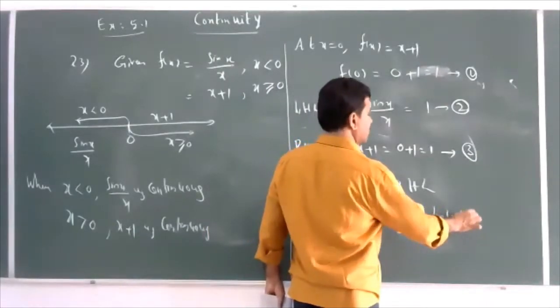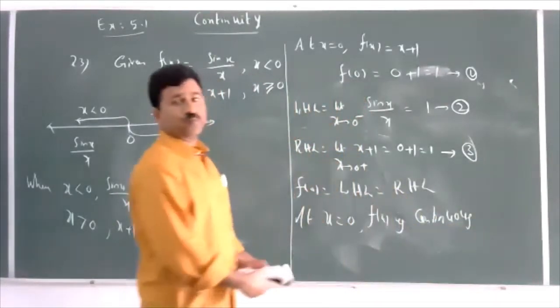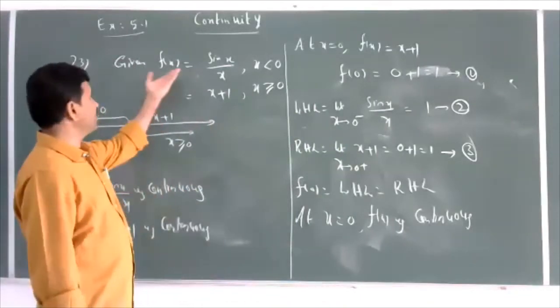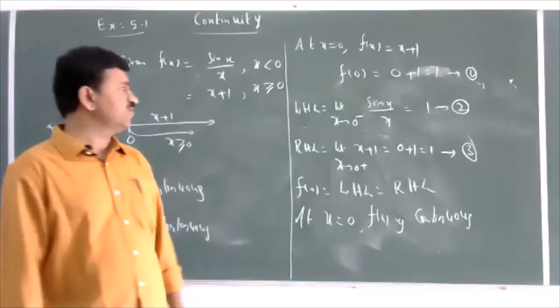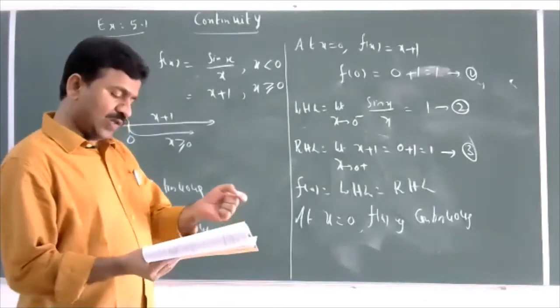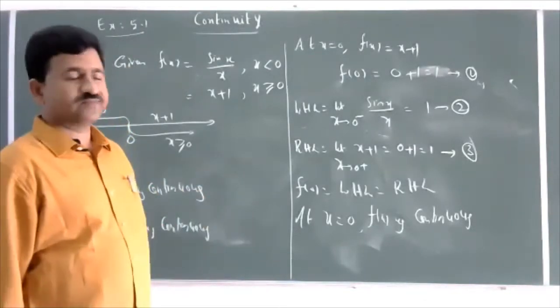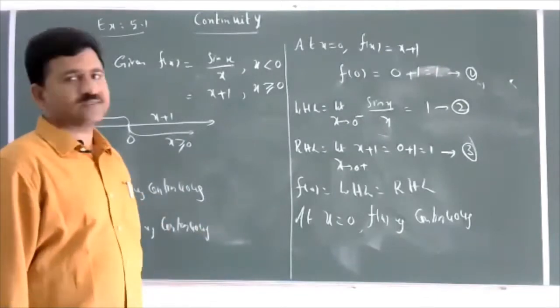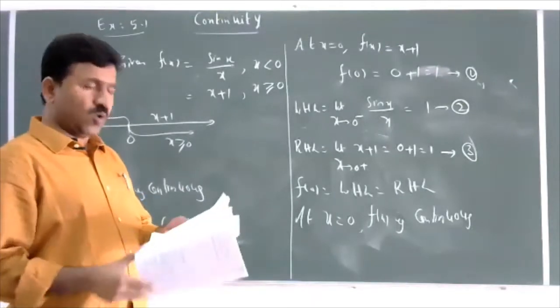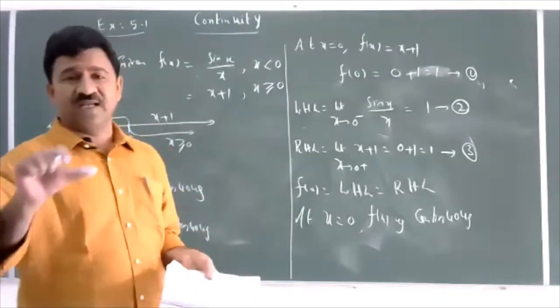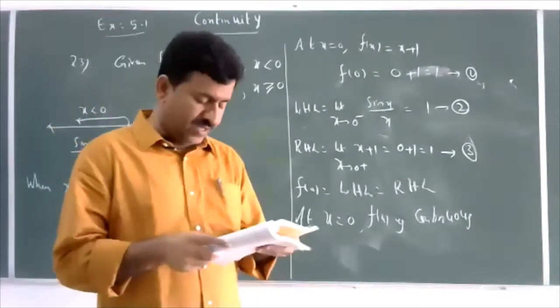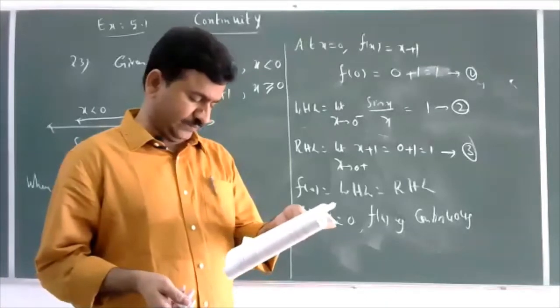So what is your final conclusion? There is no point of discontinuity for f of x. Find all the points of discontinuity: the answer is there is no point of discontinuity for f of x.